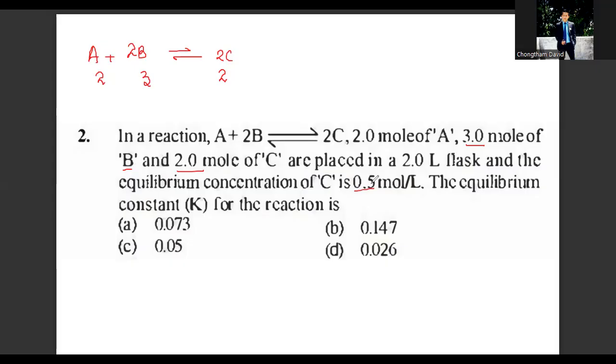If 0.5 is formed as a product, then 2 times 0.5 would be 1, and 4, because 0.5 has changed to product, 0.5 into 2, it is 4. Then this would be 2.5.